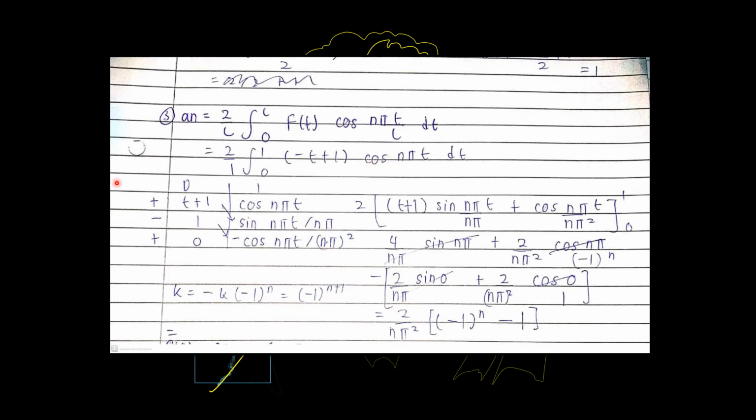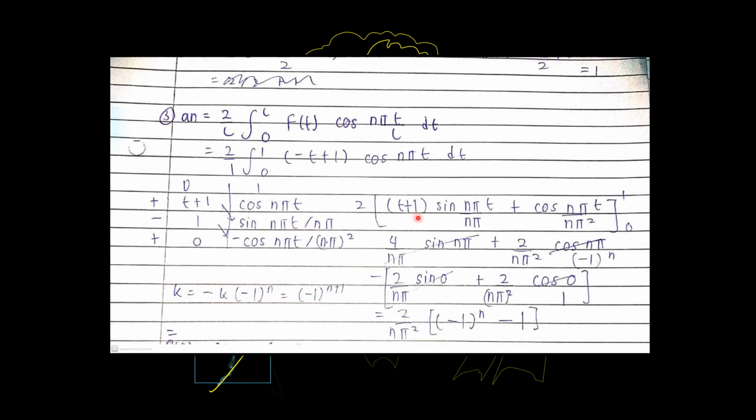So I am using the tabular method to solve the integration. So I get this equation, which is 2 times (-t + 1) sin(n pi t) over n pi plus cos(n pi t) over n pi squared. We need to insert the limit from 0 to 1.